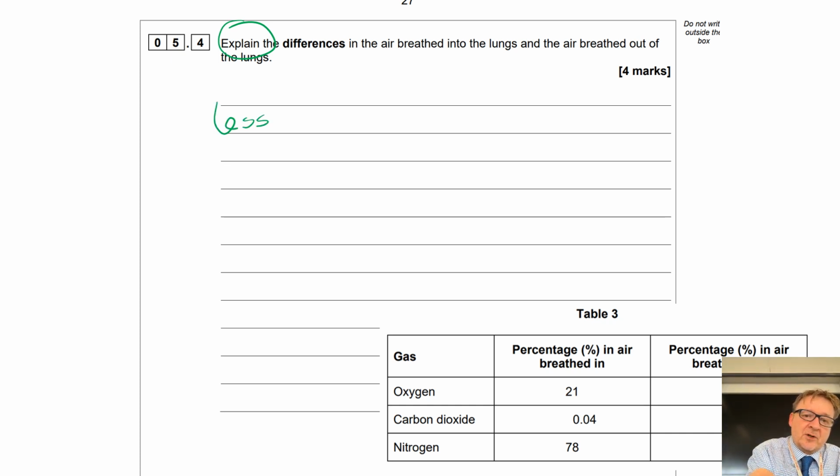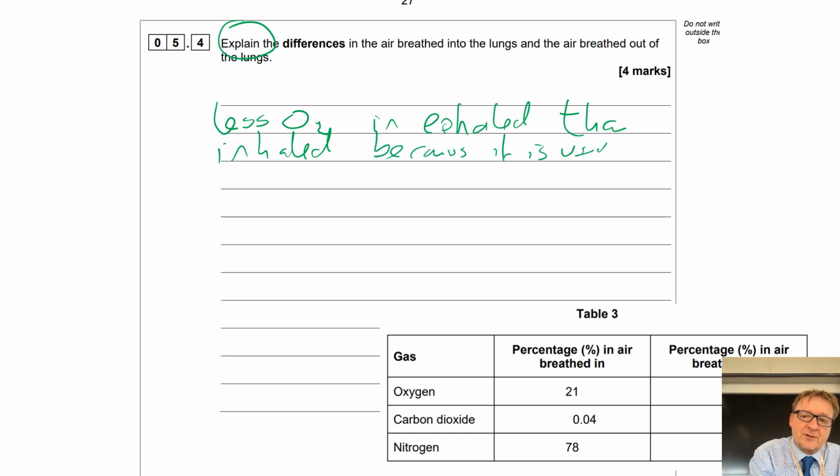So here we've got less oxygen in exhaled than inhaled because it is used for respiration.